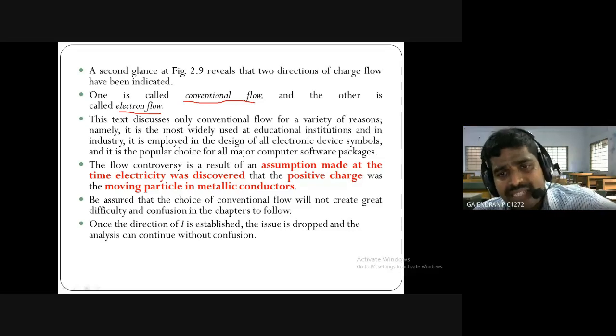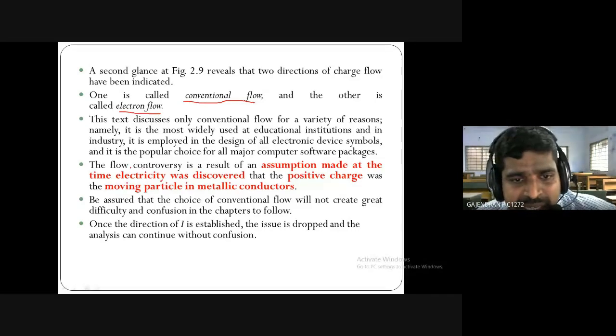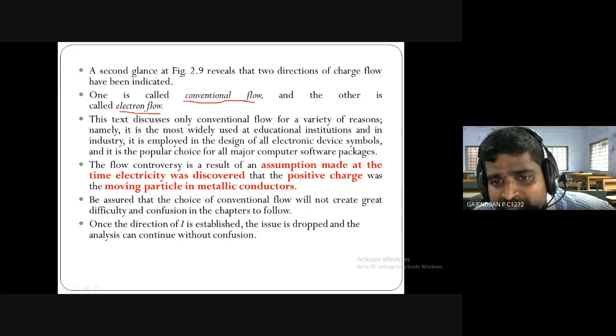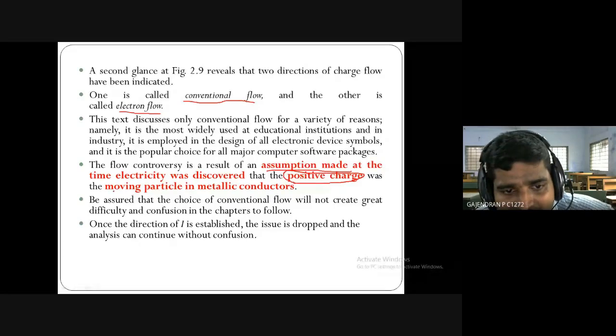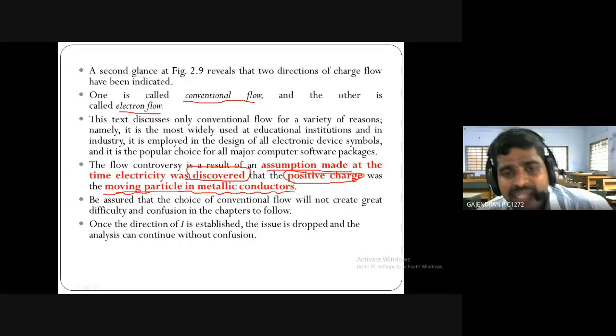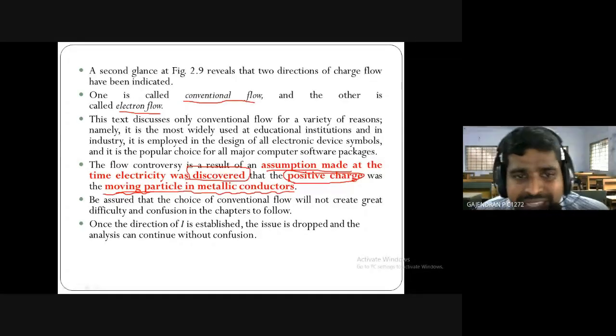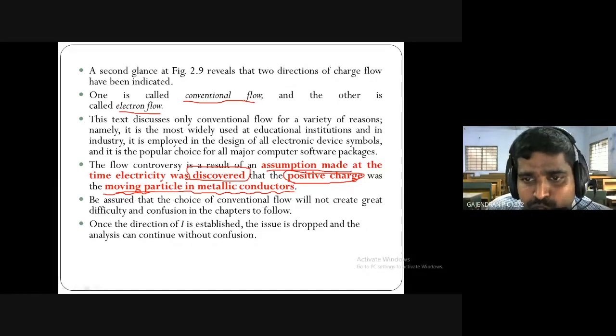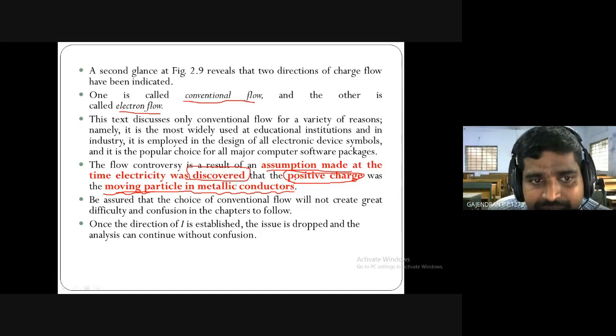In earlier days, while they invented these things, they assumed that positive charge is the only moving particle in the metallic conductor. This was the assumption of the scientists who discovered these basic things. Then they designed all the instruments for the same direction.